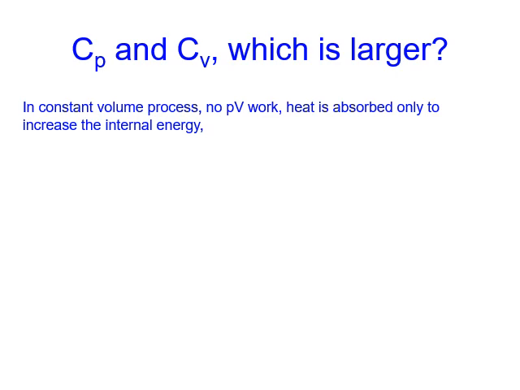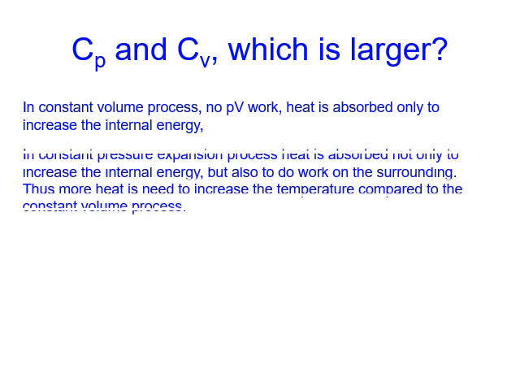So it does work on the surroundings, and when it does work on the surroundings, it needs more heat. So constant pressure needs more heat to increase temperature 1 degree, not just to increase internal energy, but also to do work on the surroundings. And therefore, we predict that Cp is greater than Cv.